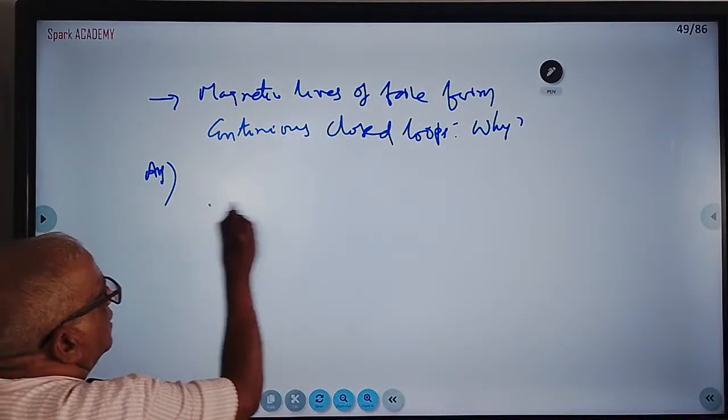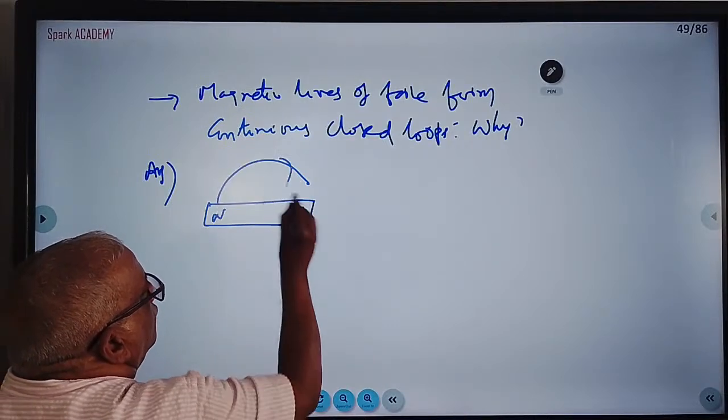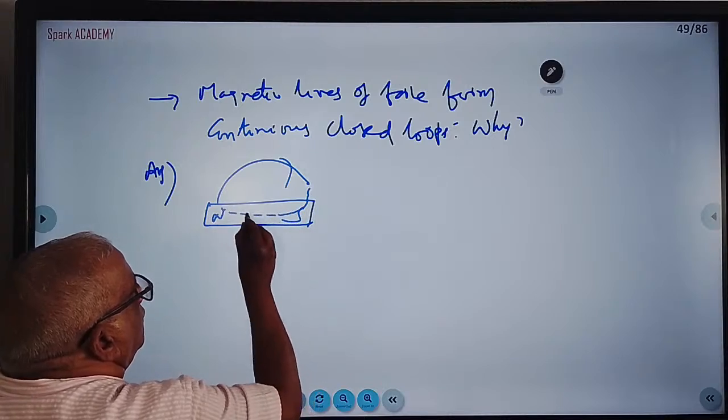So if you take a magnet, outside north to south will flow, inside south to north it will flow.